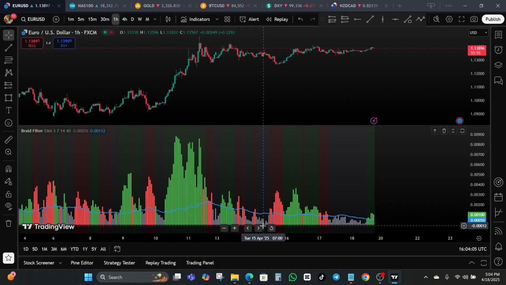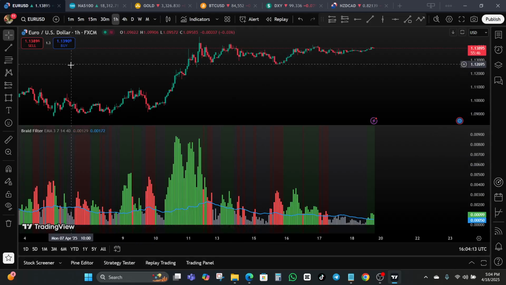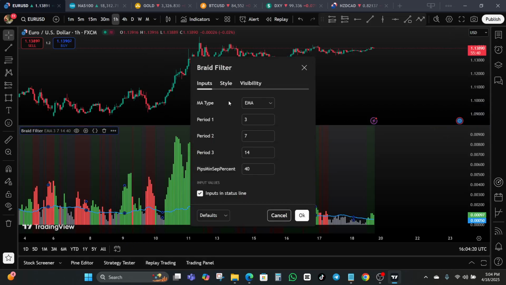Setting up this indicator on TradingView is quite straightforward. Once you have added the indicator to your chart, you can decide to tweak the settings according to your taste. Let's quickly go to the settings of the indicator so we can look at what we have there. You can set the MA type, the moving average type. You can choose EMA, DEMA, TEMA, WMA, VWMA, SMA, and all of that.